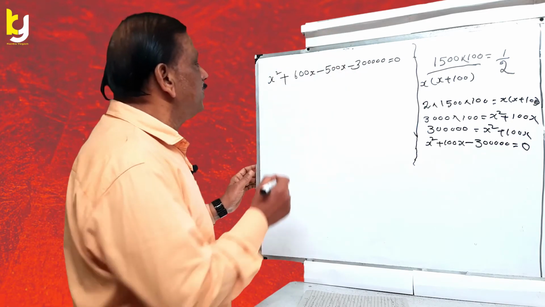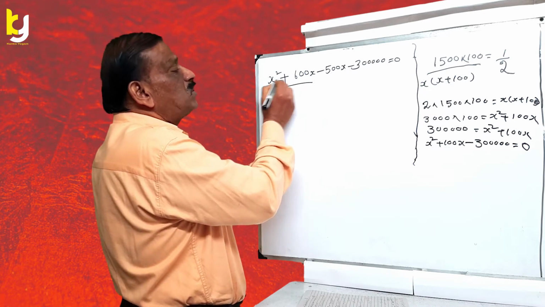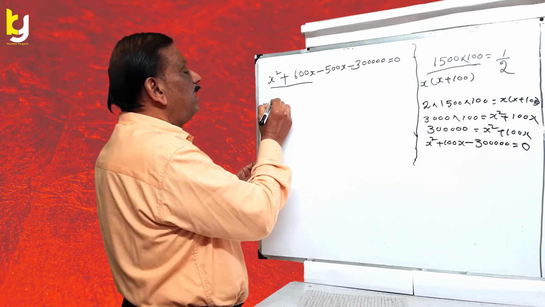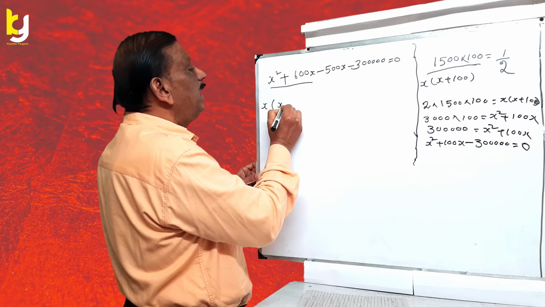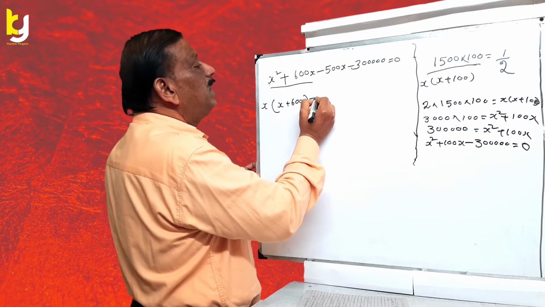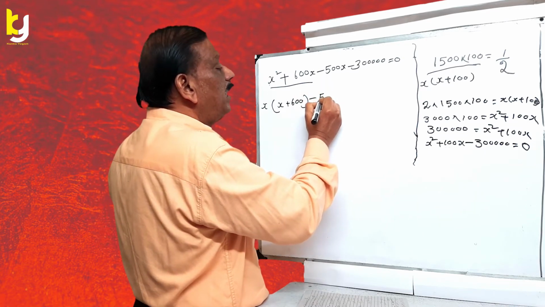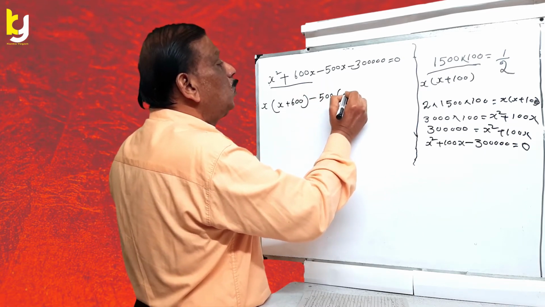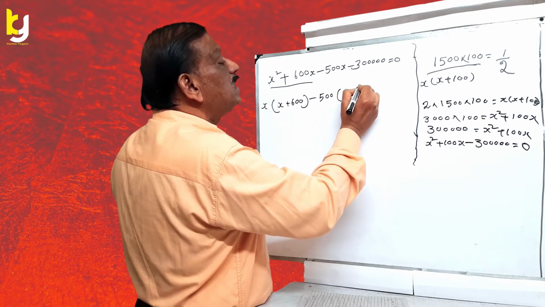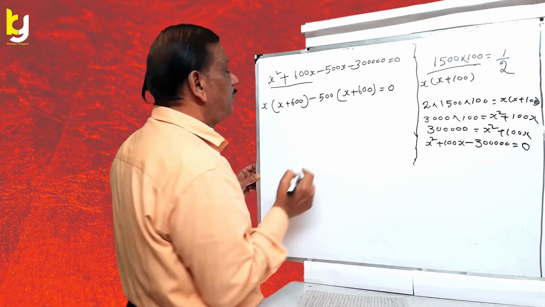Then take x from first two terms, x is common, x into x plus 600 minus, take 500 outside, 500 into x plus 600, that is equal to 0.